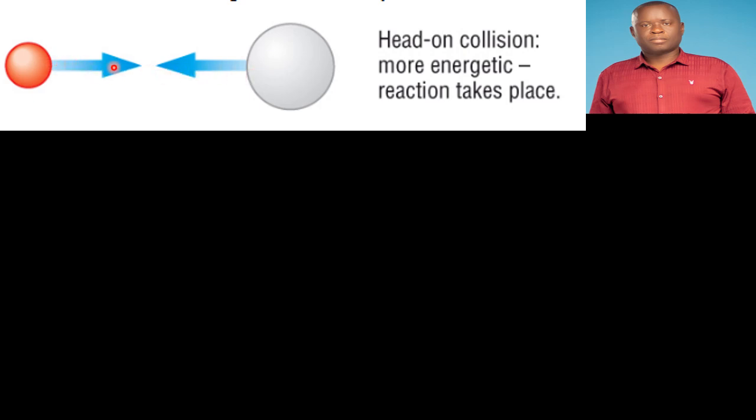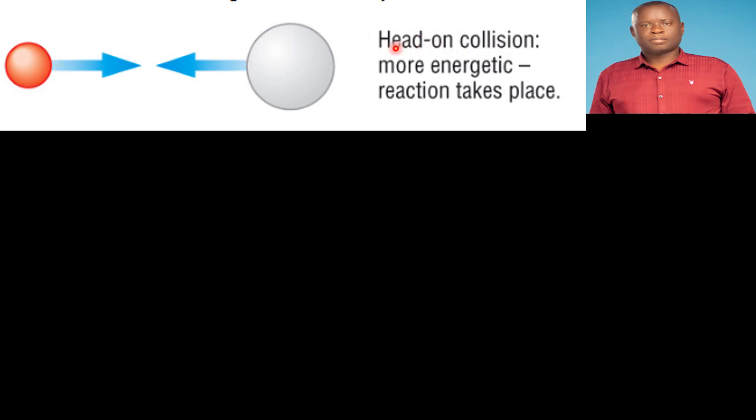For a chemical reaction to happen between them, they must hit each other correctly with more energy. But if they hit each other with little energy, less than the activation energy, then a chemical reaction may not happen.